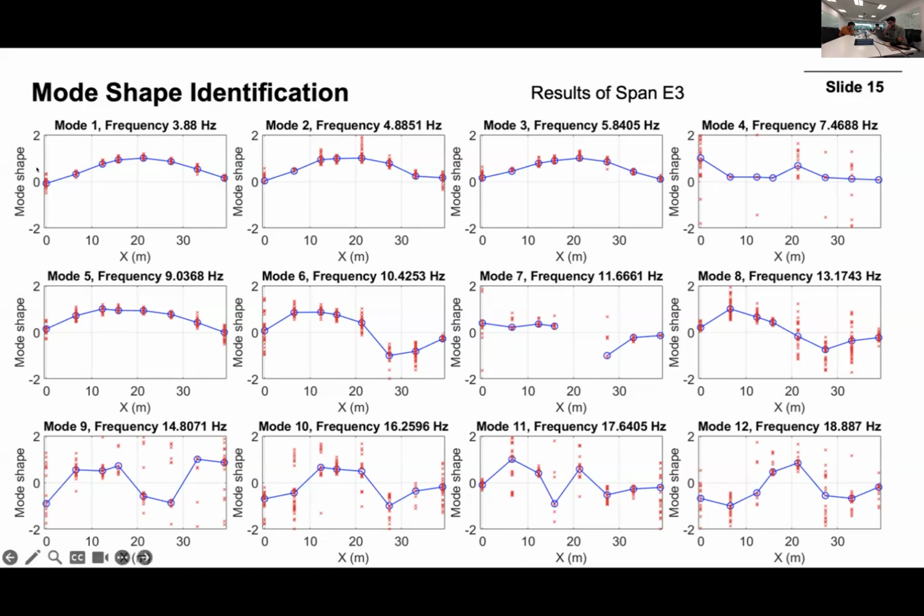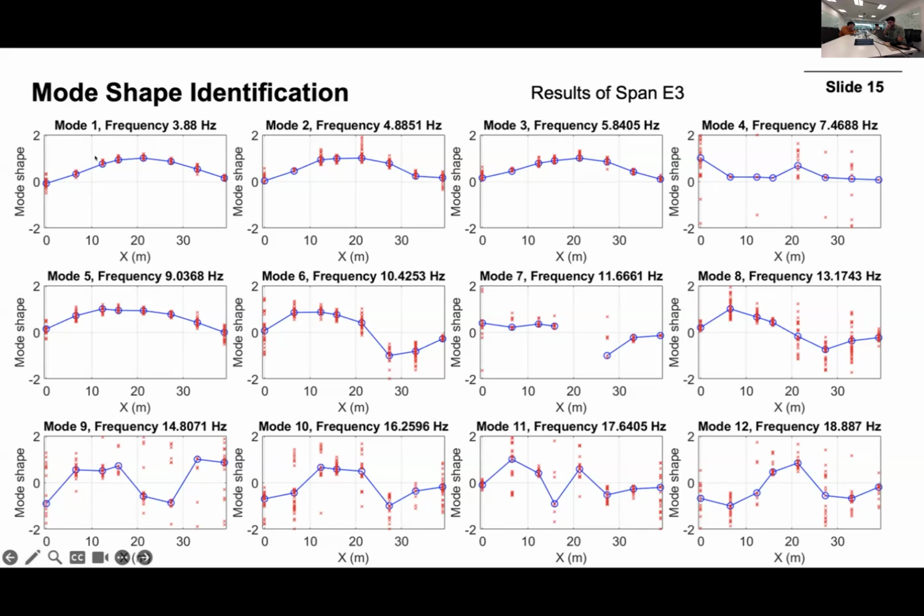If those crosses are more concentrated near the center, this indicates the uncertainty is lower. If the crosses are more scattered, this indicates the uncertainty is higher. So based on this, we can also see which mode shapes are more reliable, which are less reliable.